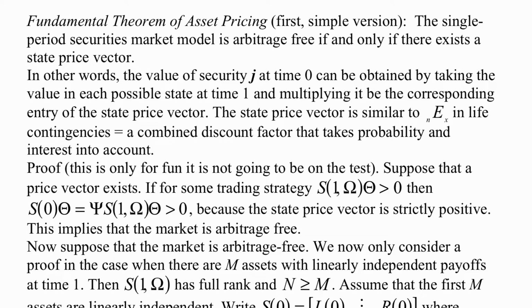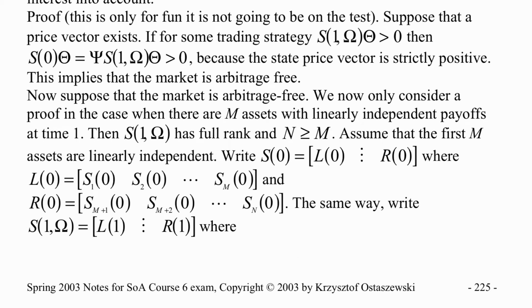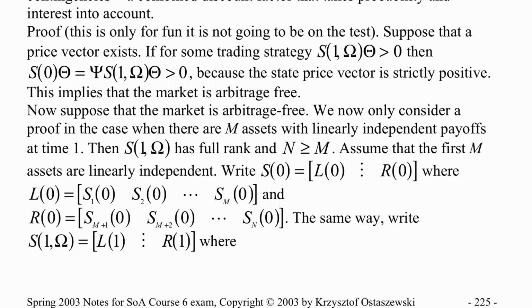Now, this proof is not really that relevant to you because I won't test you on this. We will do exercises on this topic. Suppose that a state price vector exists. If for some trading strategy theta, S1(omega) times theta is greater than 0, then S0 times theta, which is psi times S1(omega) theta, is greater than 0 because the state price vector is strictly positive.